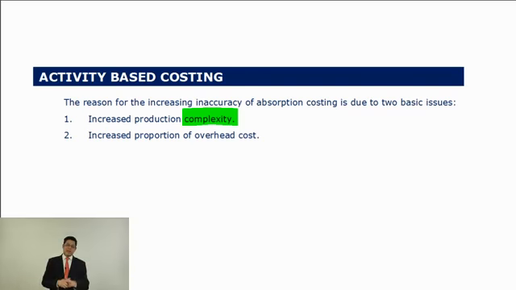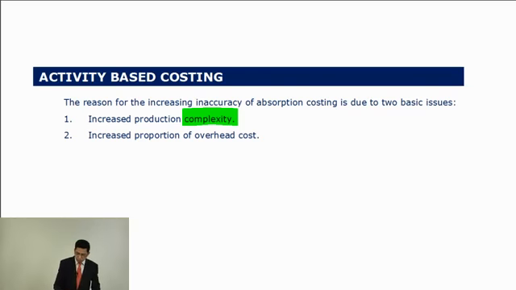So when we set up an overhead absorption rate, the question arises, which hours shall we use in this formula? Should we use labor hours? Oh no, there are machine hours as well. So shall we use machine hours? Oh no, there are some robots as well. They will get upset if we don't use the robotic hours. What about the outsourcing? So a number of times it was misleading due to increased production complexity.